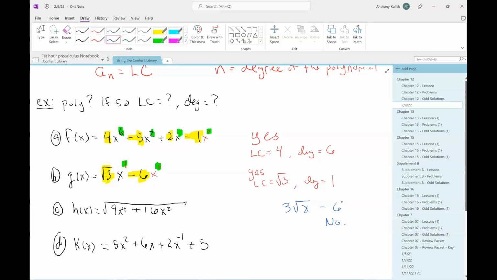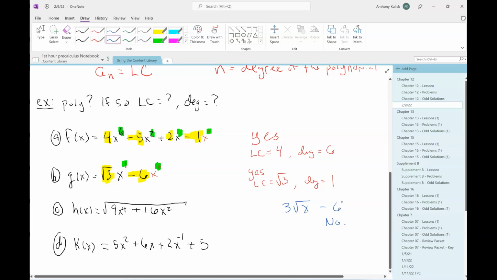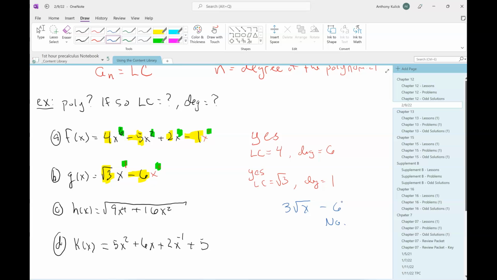But if the radical is just over the 3, like it was in g of x there, we're good. The radical can be over the coefficients, that's fine, but it can't be over the variable. Cool? So Joe, you asked if it can have a radical, and that's why I said it depends. The radical over a coefficient, no problem. Radical over the variable, problem. Does everybody feel good? Okay.